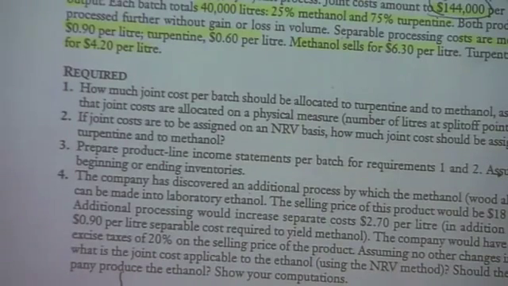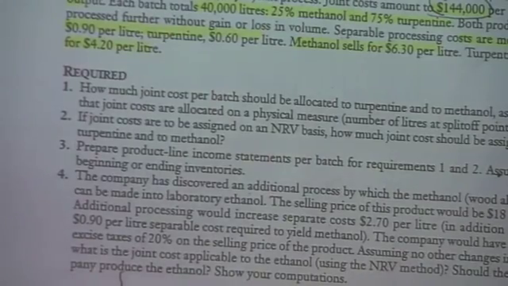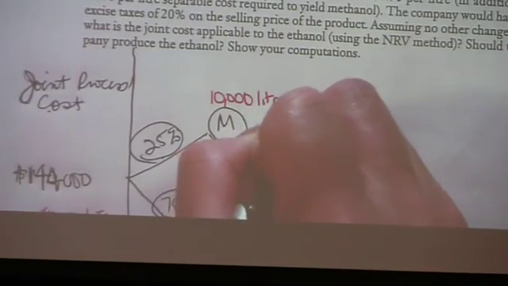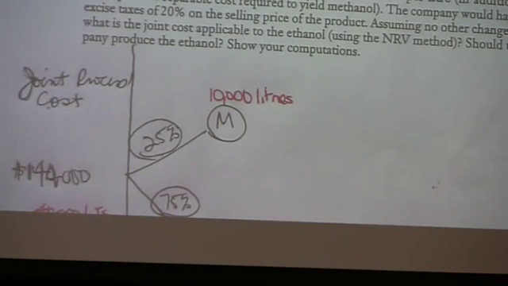So let me just do that in. Okay, now 25% of 40 is 10,000 liters. And 75% of 40 is 30,000 liters.